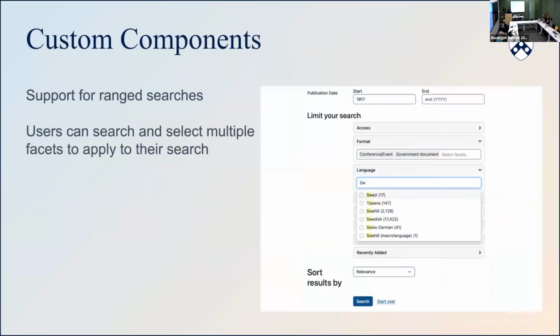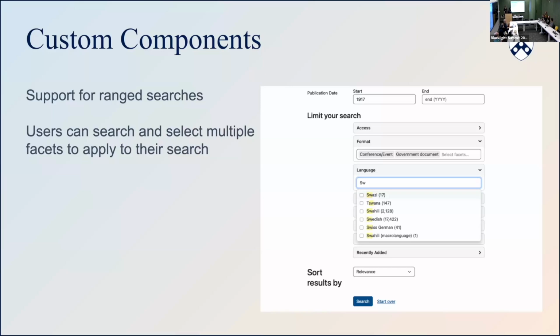So we've built some custom components. As you see at the top in this picture, we have support for range searches. This is just an individual view component, which is nice to have. And we also allow users to search and select multiple facets to apply to their search. We noticed with the default advanced search implementation, there's a limit on the facets that display here, and the default for that is 10.